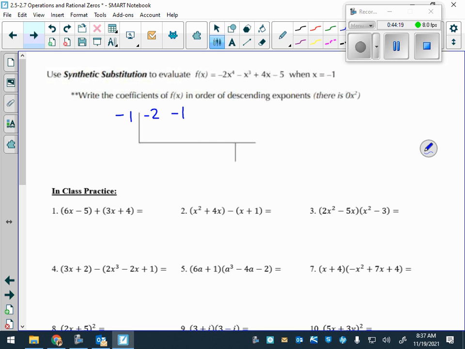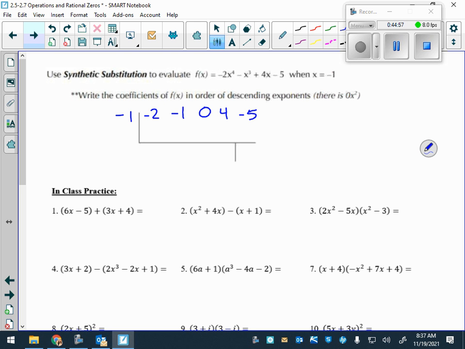We don't have x squared, so we need to put a 0 in its place. Then we have 4 and negative 5. Anytime you're missing a term in descending order, you have to put 0 in its place, because it's a placeholder.